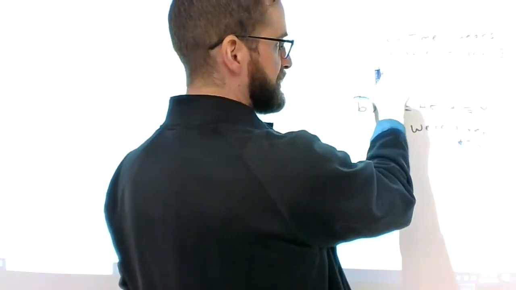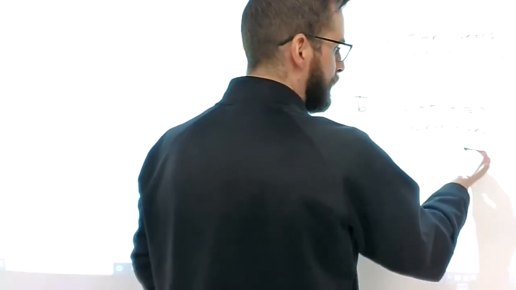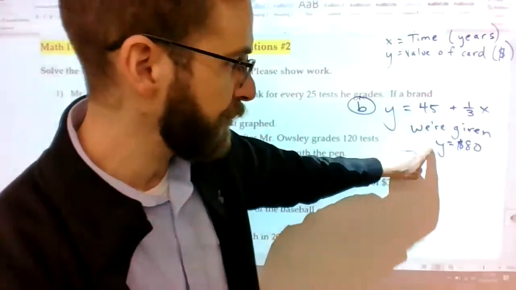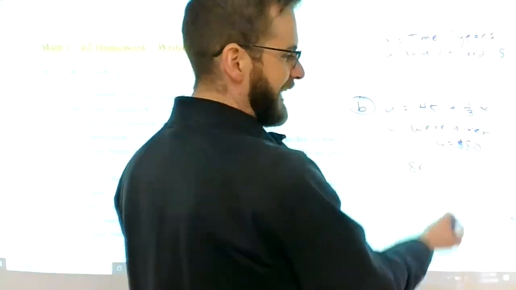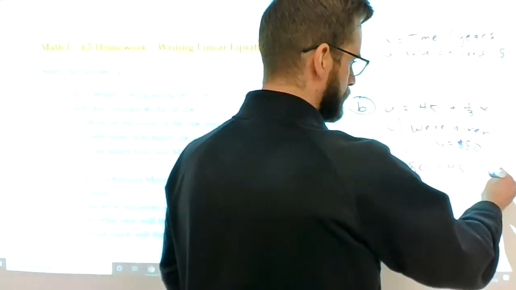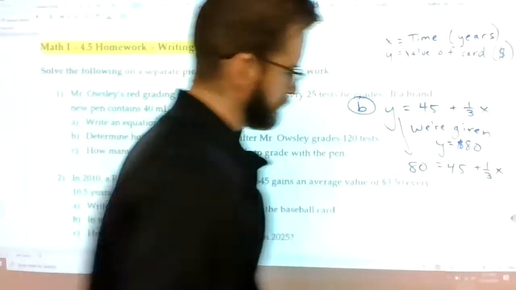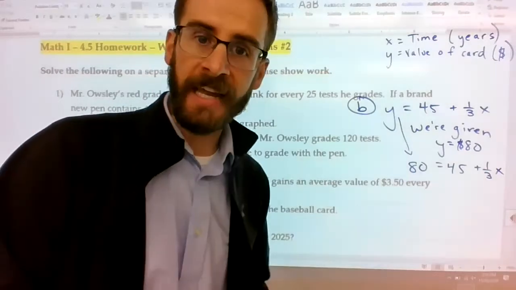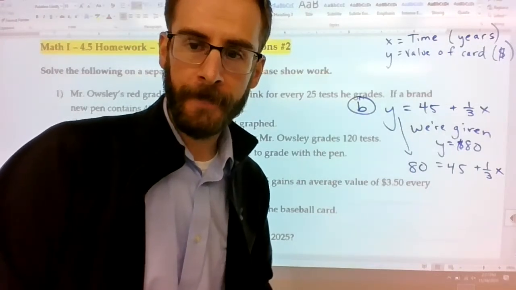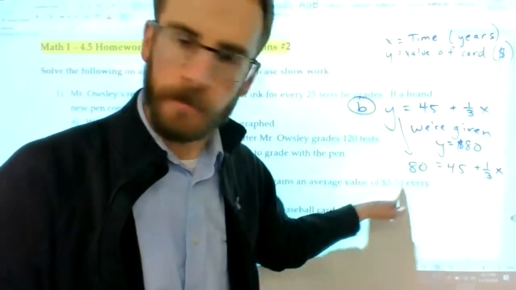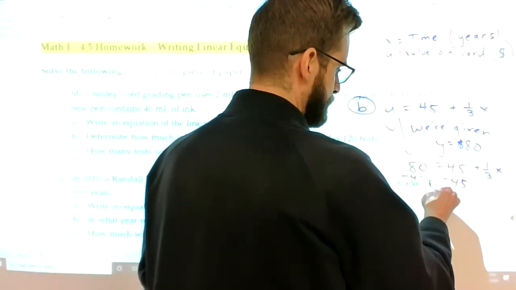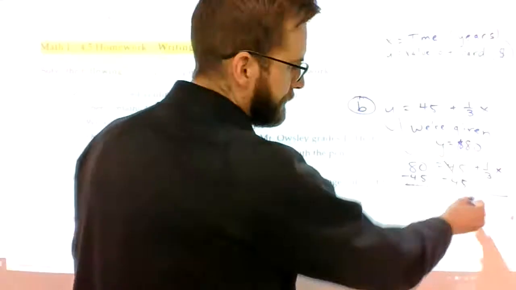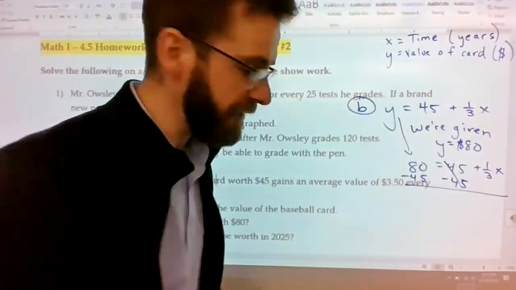Which of these variables is dollars? It's y. We're given y equals $80. So we're going to take the y out of here and replace it with 80. Okay. Get x by itself. I'm going to move the 45 to the 80. $80 minus 45 is 35.